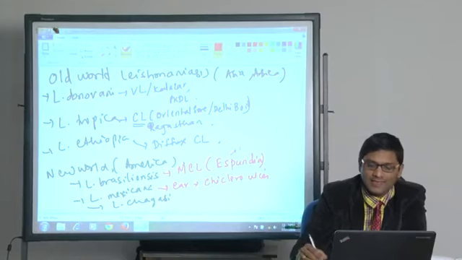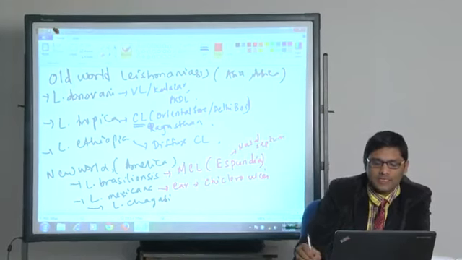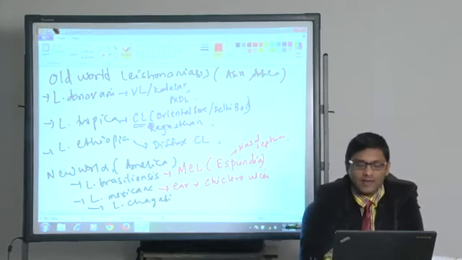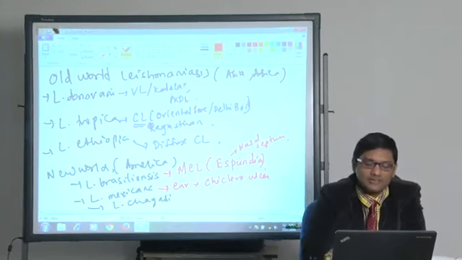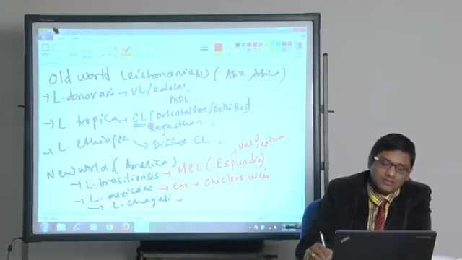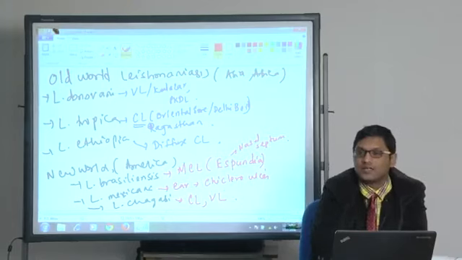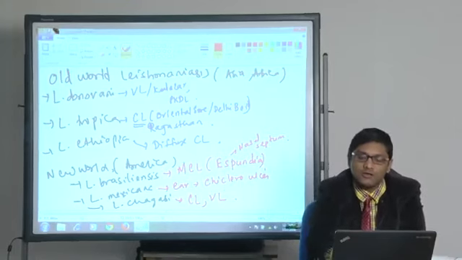Espundia usually affects the nasal septum, whereas Mexicana causes a lesion in the ear described as Chiclero ulcer. Chagasi can cause cutaneous leishmaniasis as well as visceral leishmaniasis. It is the only species in the New World which can cause visceral leishmaniasis.